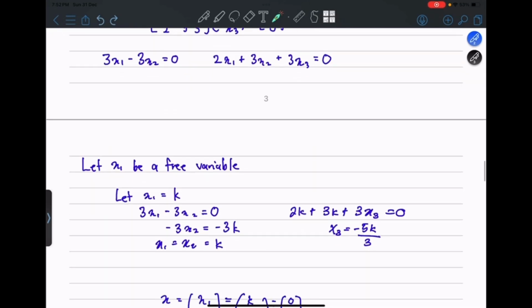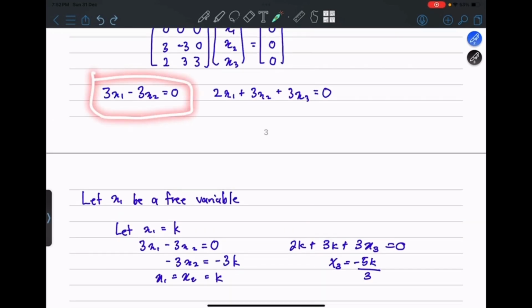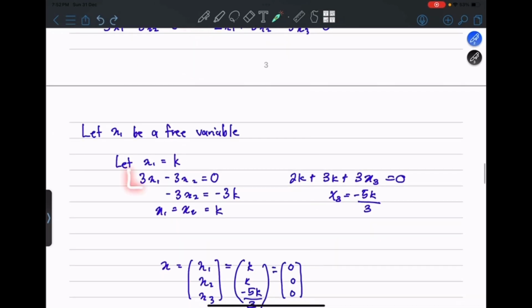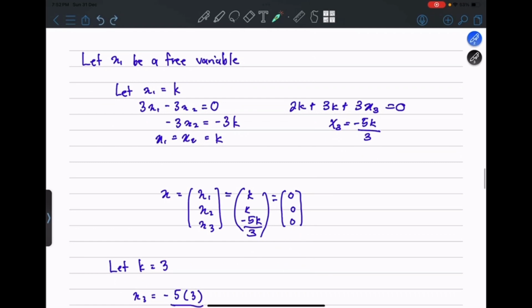We can let x1 be a free variable. So first things first, we let x1 equal k. We'll take this one, the simplest equation for this form, and put k in it. I take this term to here, and it becomes negative. So I change x1 into k, and after I eliminate this one, x2 equals k.